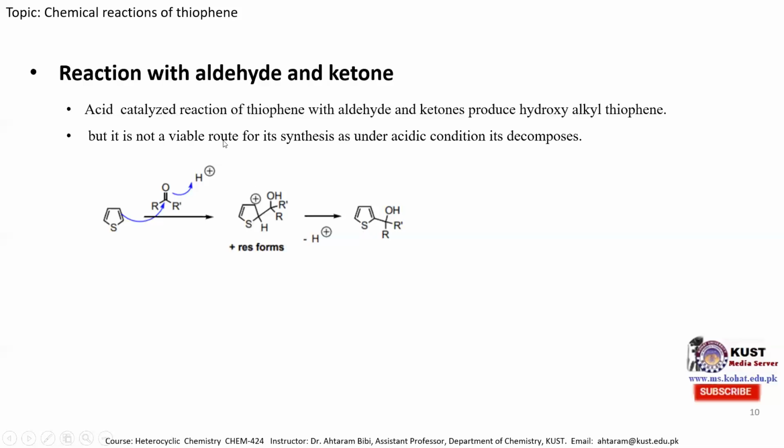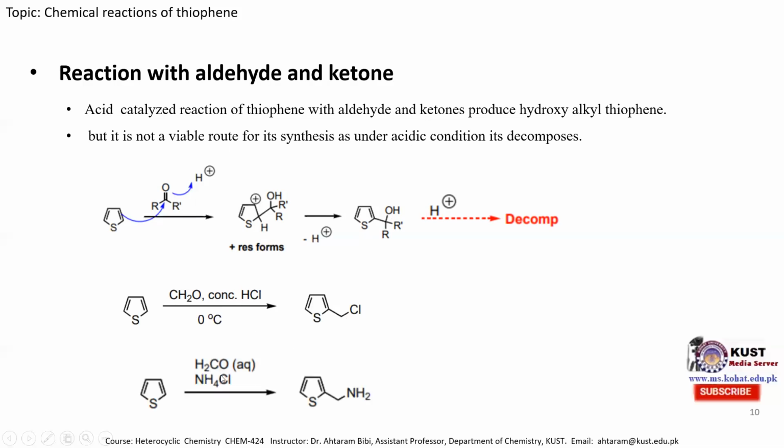So it is not a viable route for the synthesis of hydroxyalkyl thiophene, as under acidic condition, it generally decomposes. When thiophene is reacted with formaldehyde in the presence of concentrated hydrochloric acid at 0 degree centigrade, it produces methyl chlorothiophene molecule. And when the thiophene is treated with formaldehyde in the presence of ammonium chloride, then the methyl amine thiophene molecule is formed.